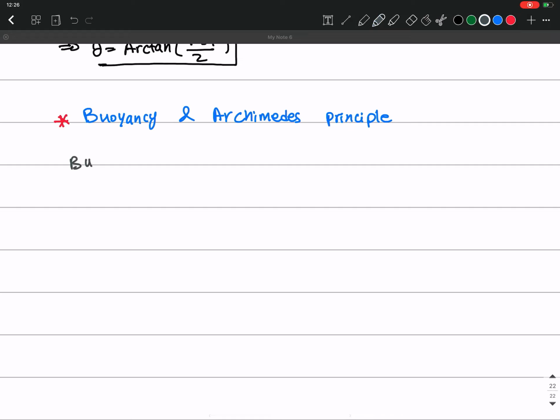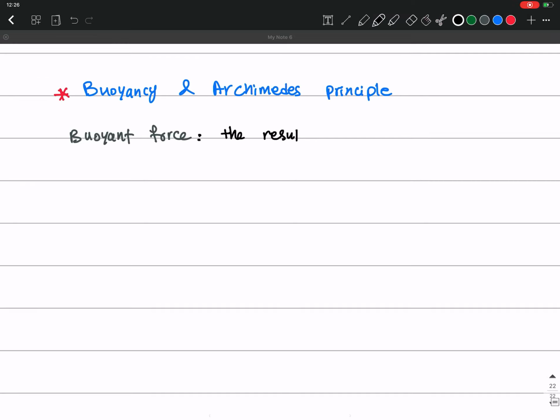So a buoyant force is the resultant fluid force on the body of objects in a fluid.